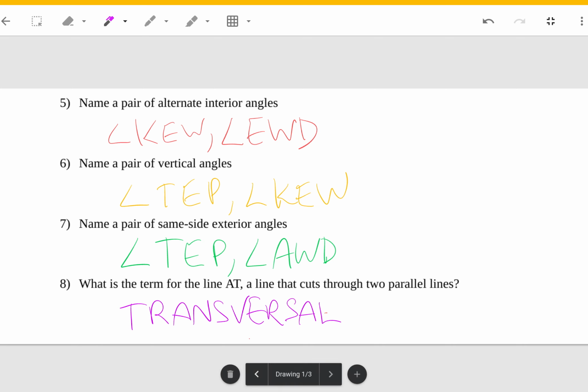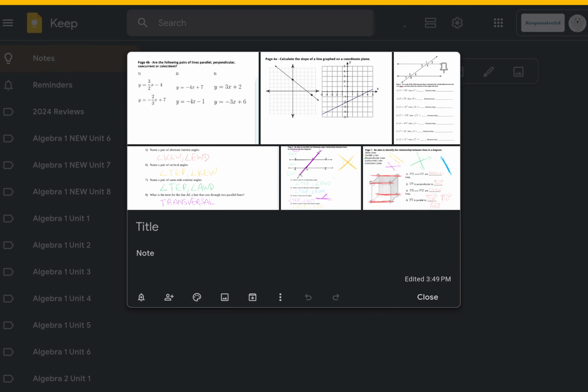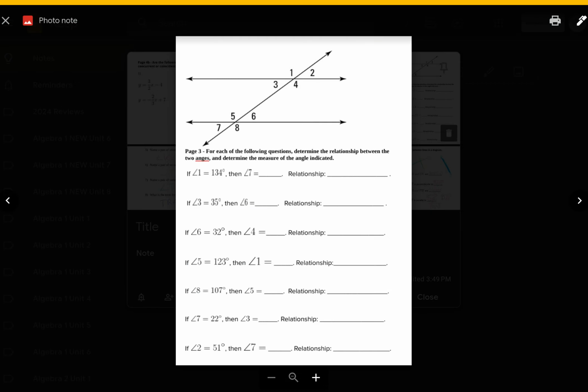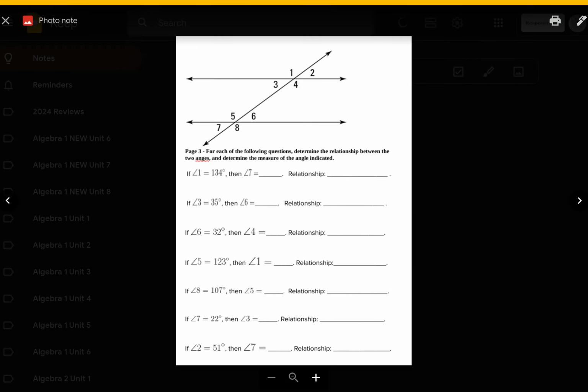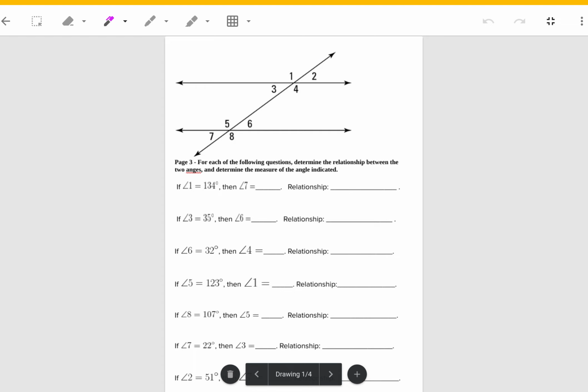All right, so let's back out here and let's get our next section brought up. There we go, this will work fine. So here it says, for each of the following questions, determine the relationship between the two angles, and determine the measure of the angle indicated. So we're doing the opposite of what we just got done doing.